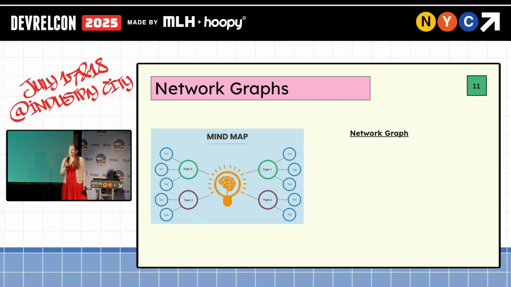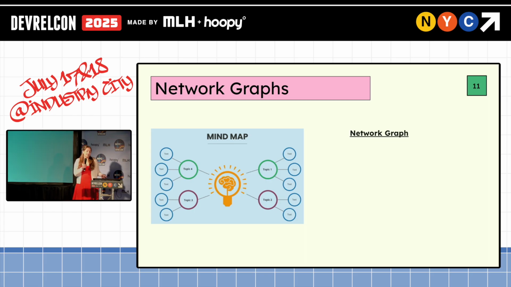So I was brought back to my middle school days. Our teachers would have us make mind maps, which you'll see on the left-hand side of your screen. And what you'd have was your central topic in the middle. Then you would branch out with your related ideas. And we did things for essays when we had to break them down. But I knew that wasn't really going to cut it.